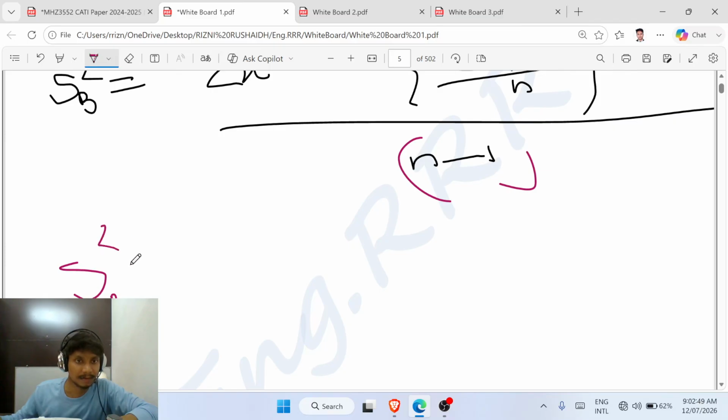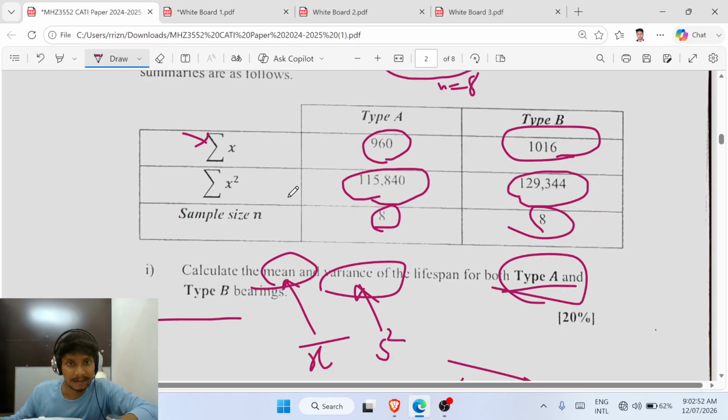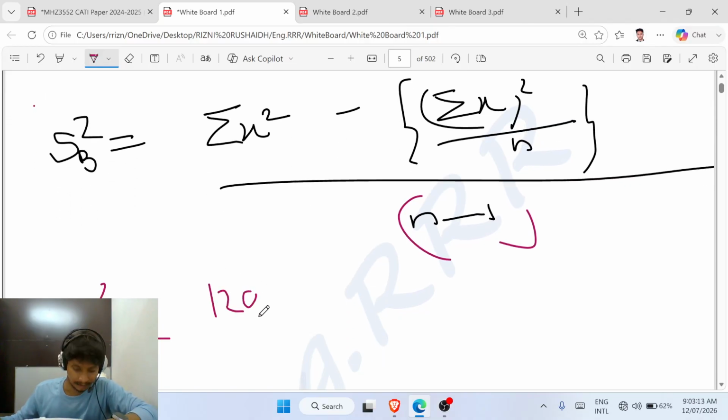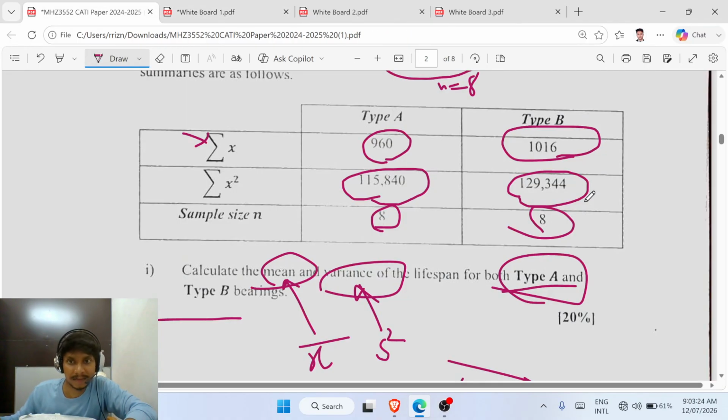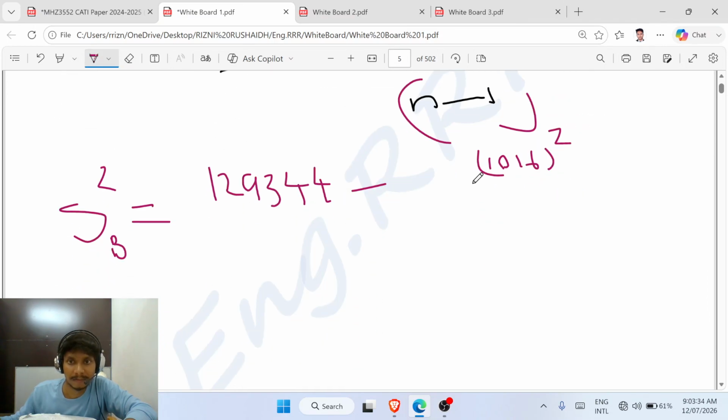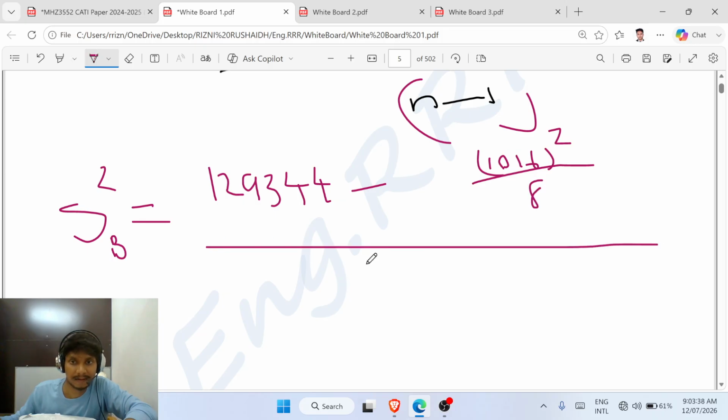What is sigma x square for B? Sigma x square for B is 129,344, minus sigma x for B, which is 1016 whole square, divided by n, which is 8, divided by 8 minus 1.